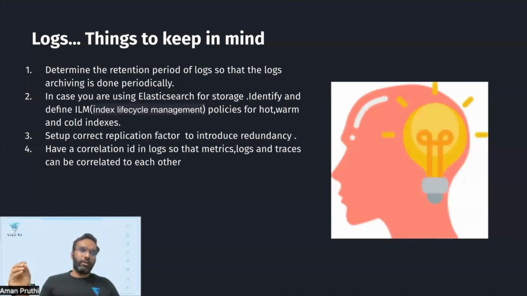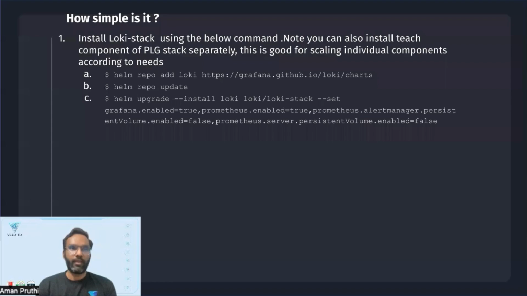You check the metrics for that component, you check the logs for that component, and then easily go to traces if need be. So have a correlation ID that you can use. For Loki, it is definitely labels, so you don't need to worry about that.